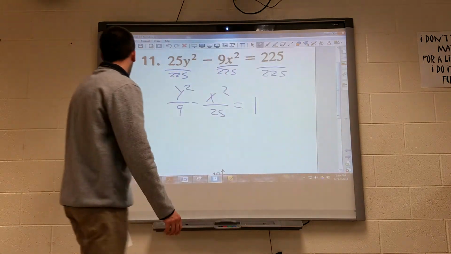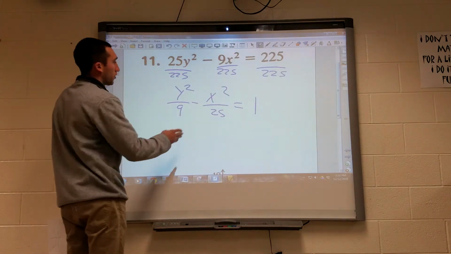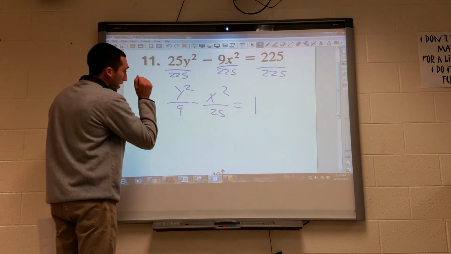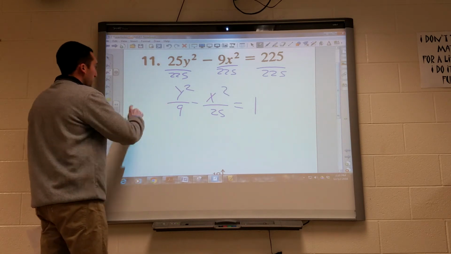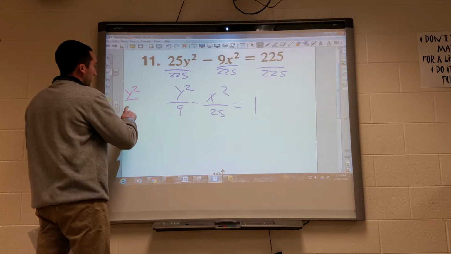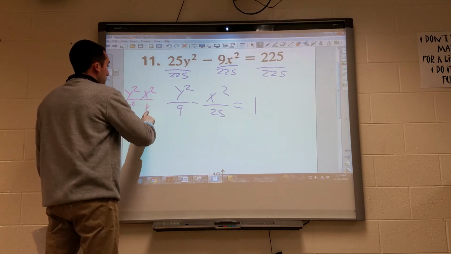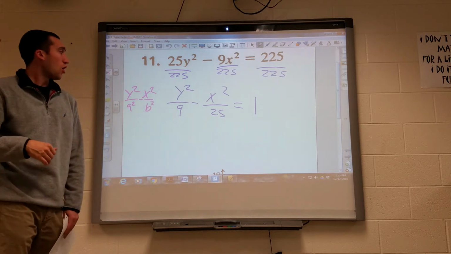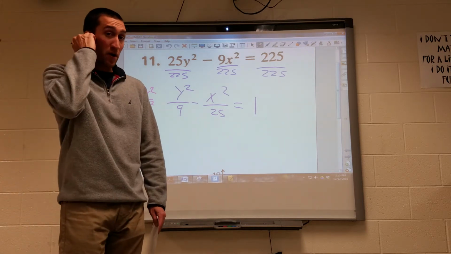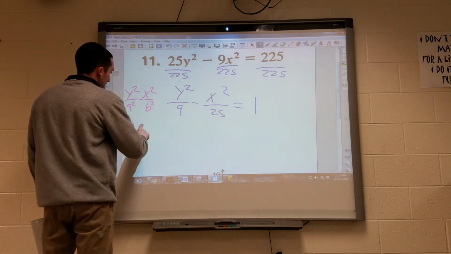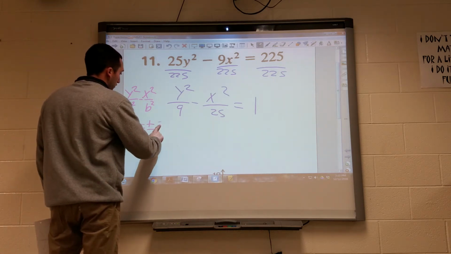So a. Okay, so since my y squared is first, right? My y squared is the positive value. That means my generic equation is y squared over a squared minus x squared over b squared. Remember, the a always goes under the positive variable. So that means a is equal to plus or minus 3, right?